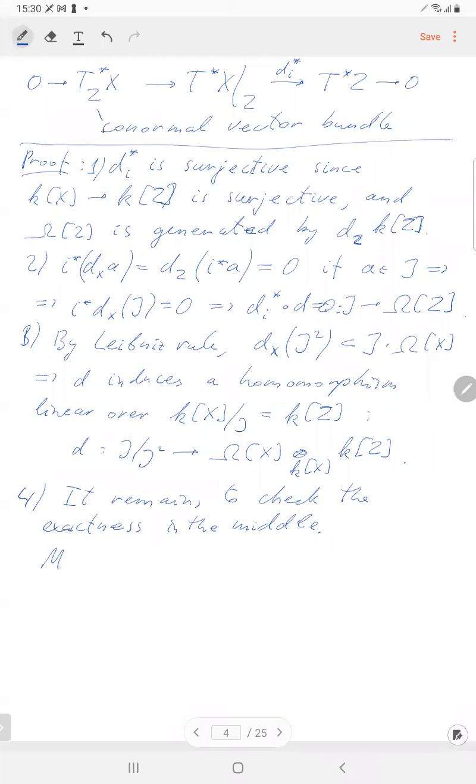So M is Kähler differentials on X restricted to Z, modulo the image of J modulo J squared. Okay, and we have a map from this M to Kähler differentials on Z, and we have to check that this map is an isomorphism.